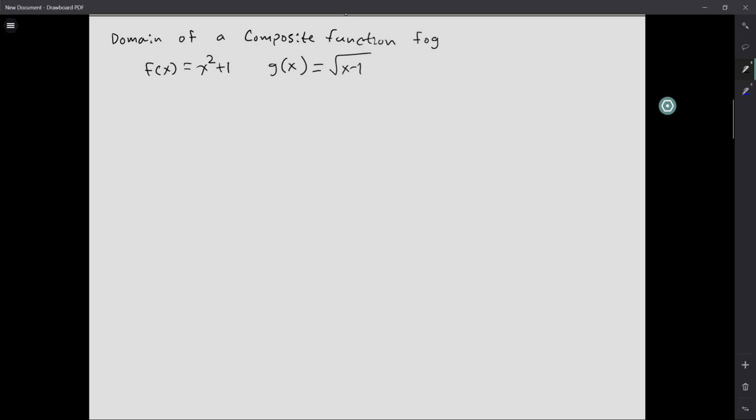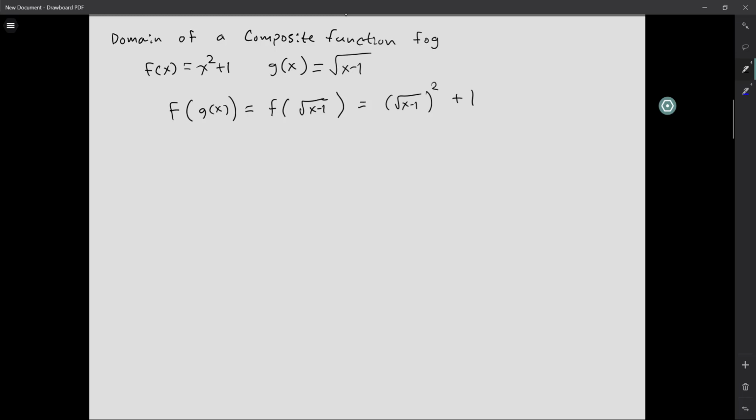Now, if I wanted the domain of the composite function, f composed with g, f of g of x, I could just find the composite function and then work at looking at the domain of the result. However, this can come with a little bit of risk. So let's see, f of g of x, we're looking at f of the square root of x minus 1, which is the square root of x minus 1 squared plus 1.